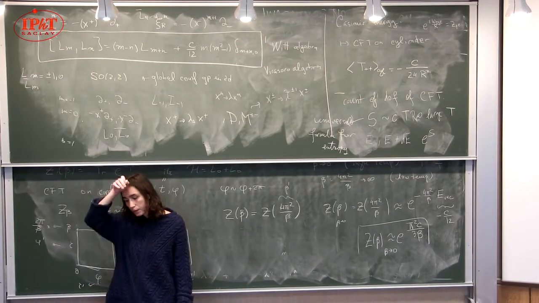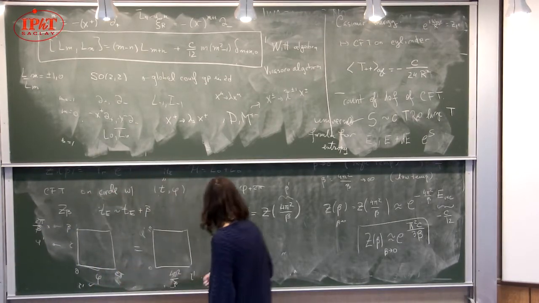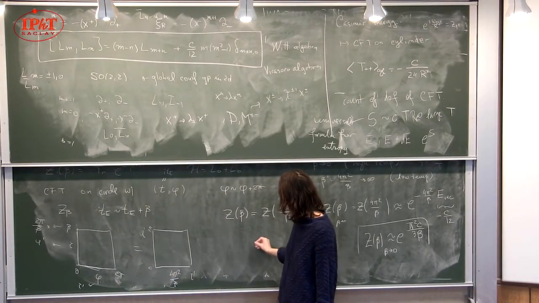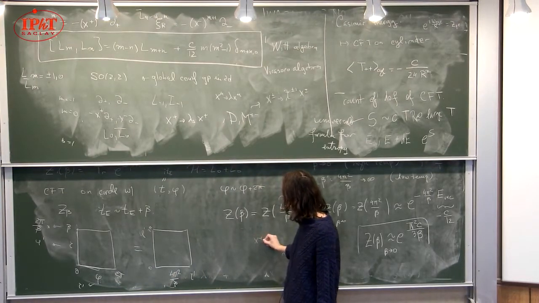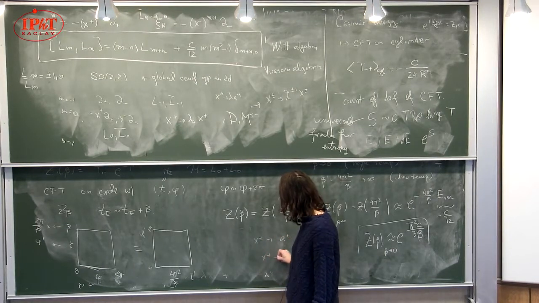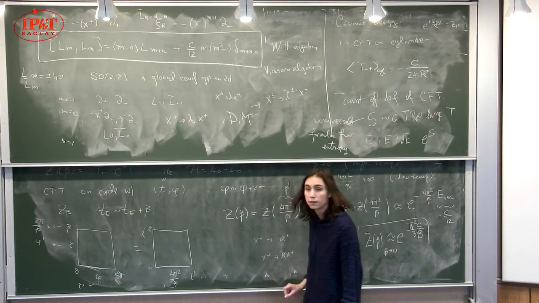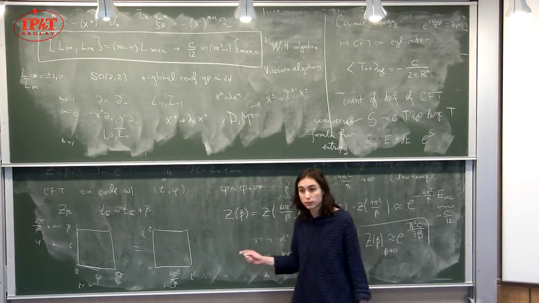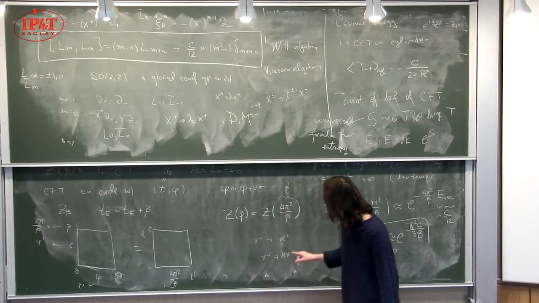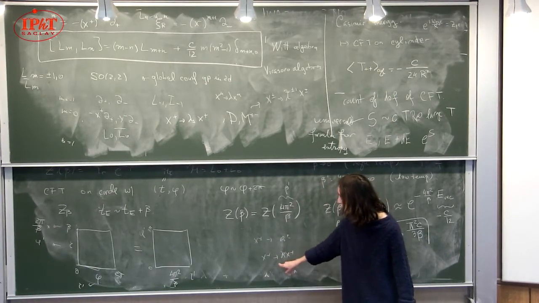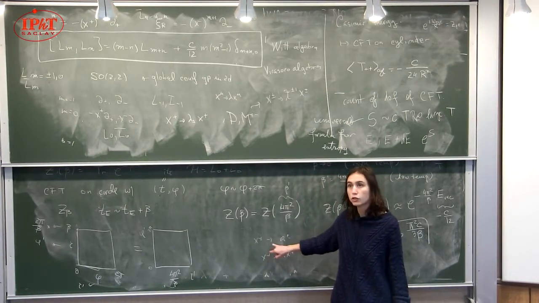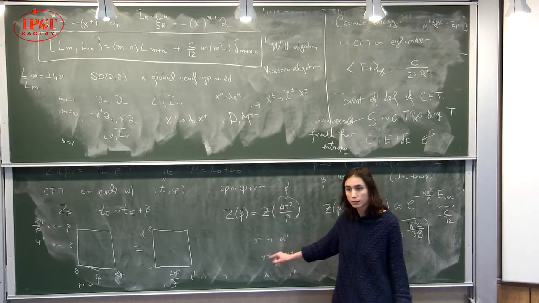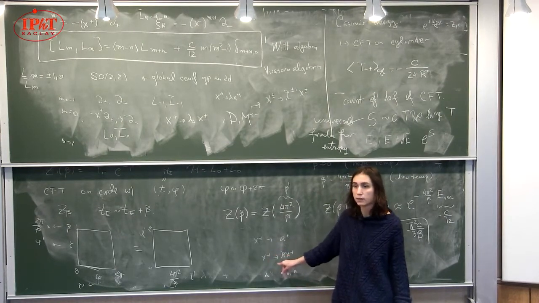People have looked at something more weird where you just assume translations in x plus and x minus, and you only have scaling of the x plus coordinate, but not of the x minus coordinate. The theory is not Lorentz invariant. This scaling implies that you have some combination of Lorentz and dilatation, but not the other. So Lorentz is broken, and you only have this rescaling.